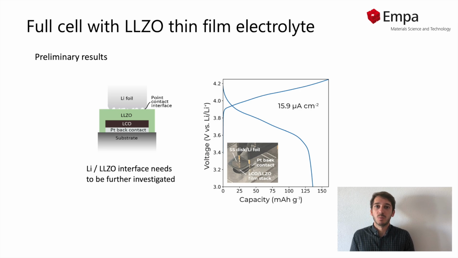However, we were able to cycle such a thin-film battery, being the first time that such a battery architecture is presented. We will further work on this interface by introducing interface modifications, interlayers that lower the charge transfer resistance between the lithium metal and the LLZO thin film.